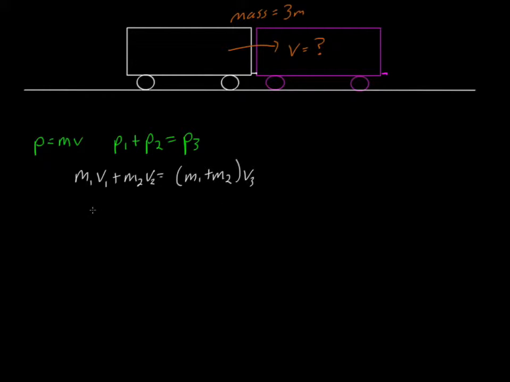So let's go ahead and plug in our values. So therefore we have M times 20 plus 2M times 10 equals 3M times V3.